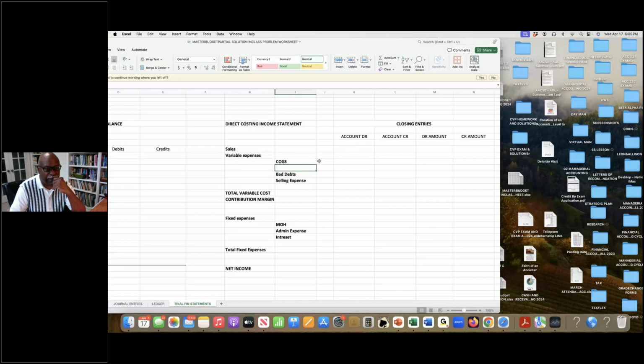If we were closing the accounts, I guess what I need to do is create a partial income statement so you will be able to see the numbers.